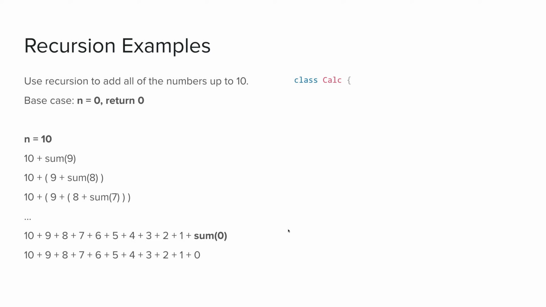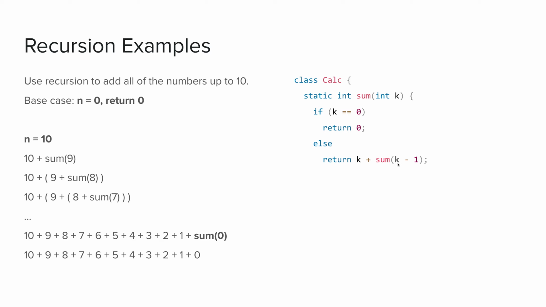Okay, and here's how it could work. An integer sum that takes k. If k is 0, that's our base case, so we return 0. Else, we return k plus a smaller problem than k. One smaller problem than k is k minus 1.